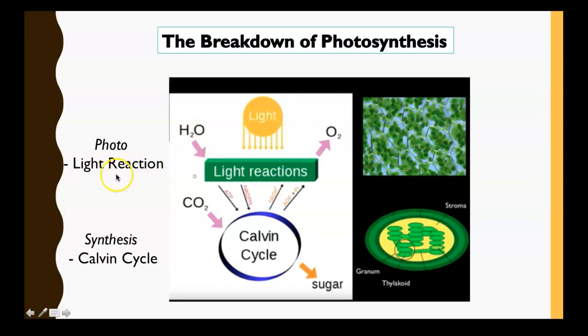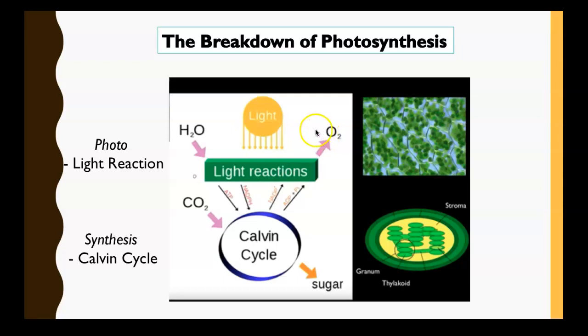So in the light reaction, we're going to have two key components. We're going to have light and water. And when we combine the water molecules and light, what we're going to produce is ATP and NADPH, which are stored energy, as well as we're also going to produce oxygen as a byproduct, which is going to go into the atmosphere for humans and animals to use to breathe, which is super important.